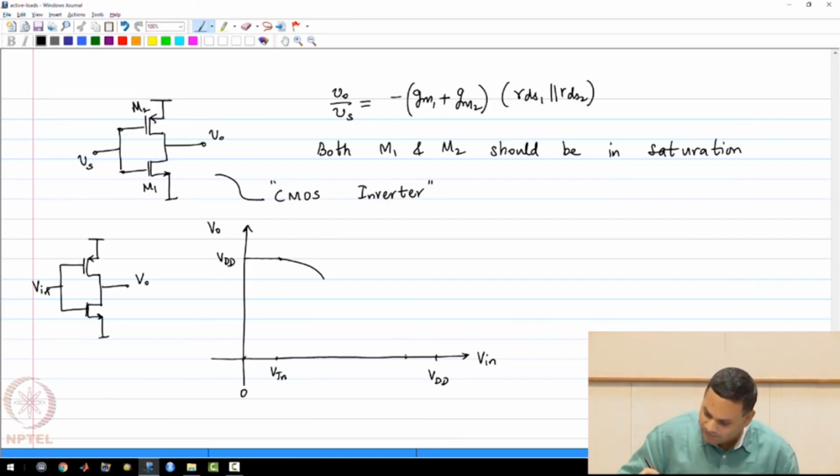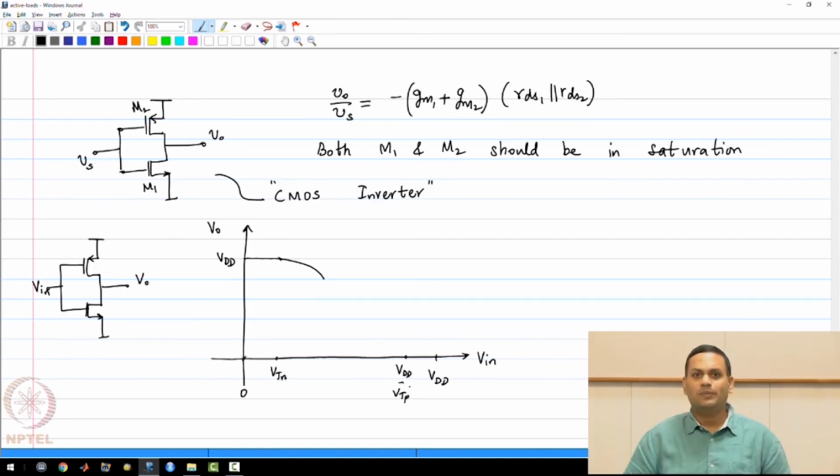If you look at voltages between VDD minus VTP and VDD, you will find that the circuit is not conductive because the PMOS transistor is off, and so the output voltage is 0 and stays 0 because the NMOS transistor has a drain-source voltage of 0.